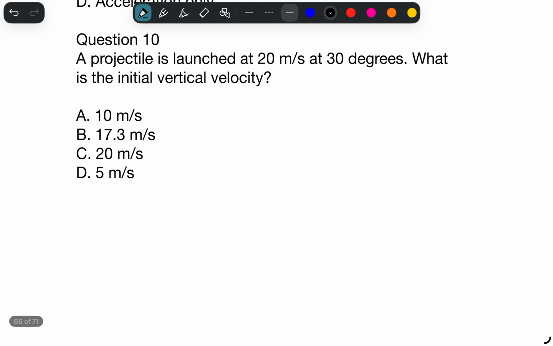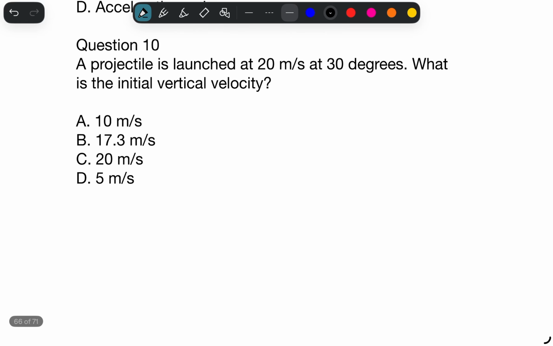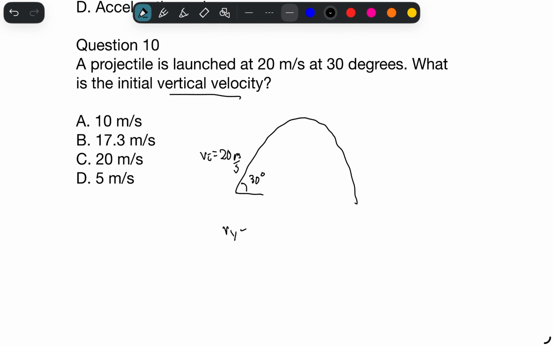A projectile is launched at 20 meters per second at 30 degrees. What is the initial vertical velocity? Well, what we can do is we have Vy is equal to v sine of theta.